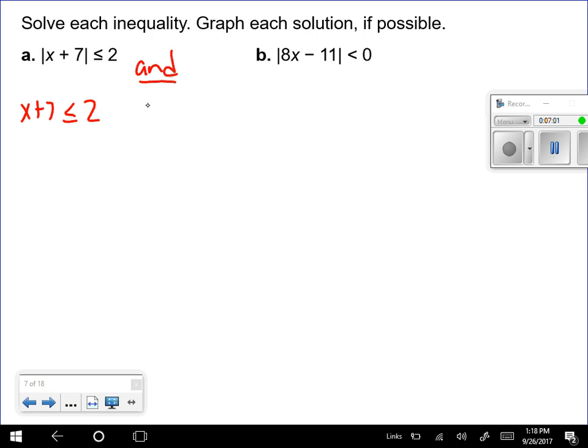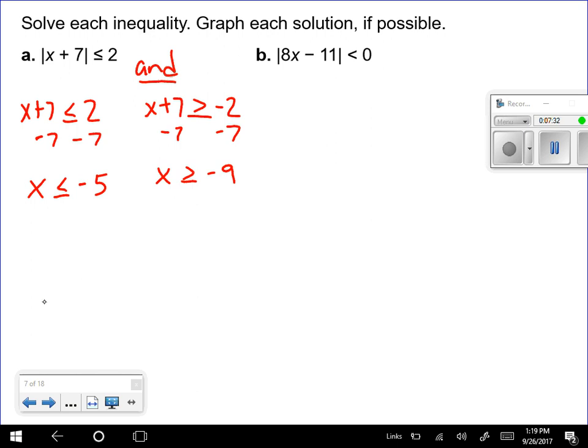And then I'm going to write another inequality. I'm going to flip my symbol, and I'm going to have a negative 2. Notice if they're and, these are heading in opposite directions, and that's kind of what we want. So if we subtract 7 on this one, we get x is less than or equal to negative 5. Subtract 7 here, and x is greater than or equal to negative 9.